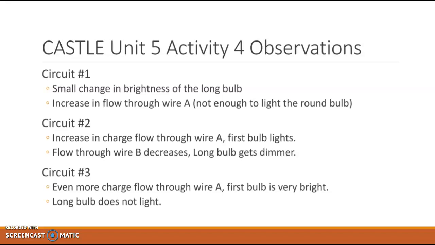Theoretically it's the same amount of charge flow as the trunk wire, wire A, because all of the charge that goes out of wire A has to go through either wire B or wire C. We can't lose any of that charge. Since we didn't see very much charge going through wire B in circuit number 3, all of the charge moving out of wire A must be moving through wire C, and that's why the long bulb doesn't light. It's because charge always takes the path of least resistance.